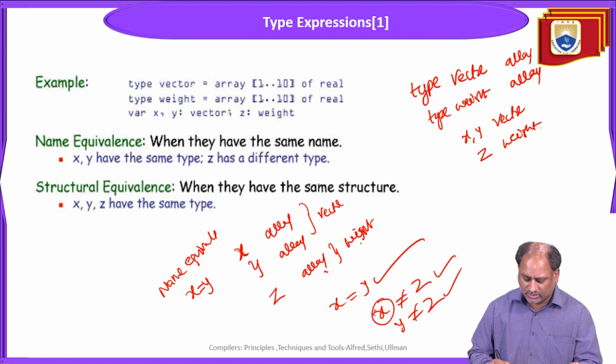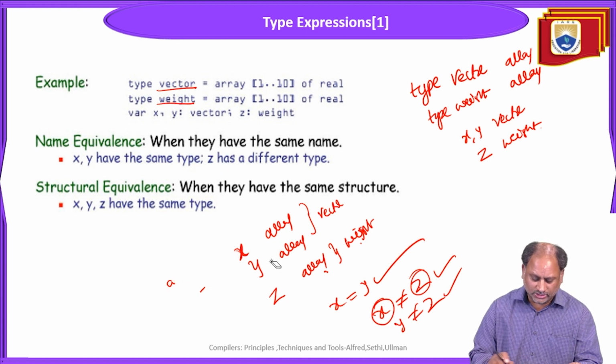Because x is of type vector and z is of type weight. So vector is different, weight is different. That's why x and z, and y and z are not equal. For x and y together, they have the same types. So name equivalents are x and y.